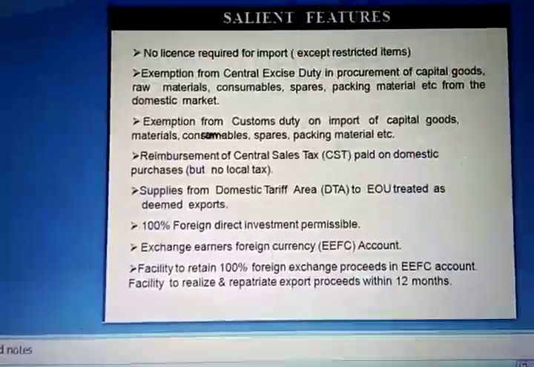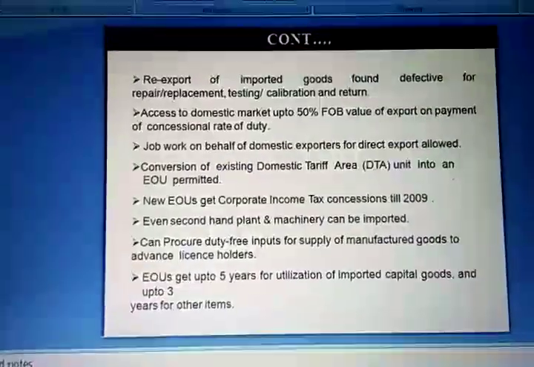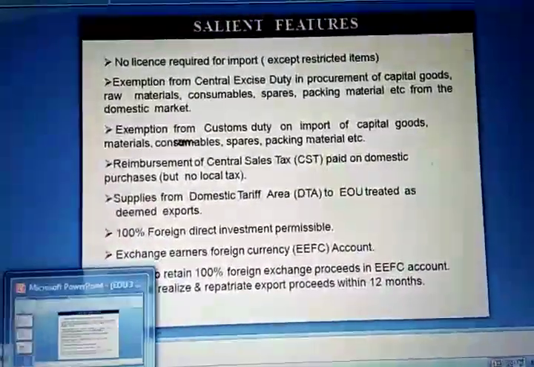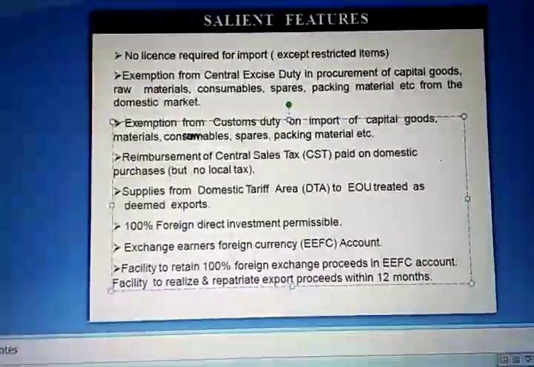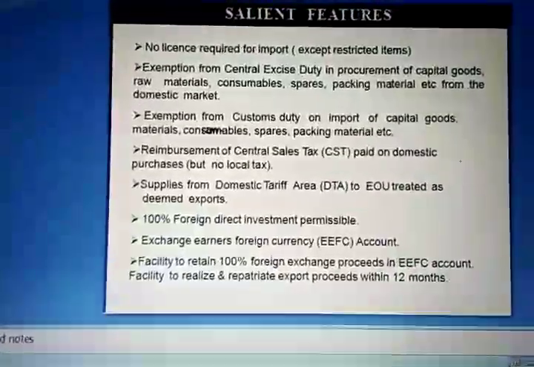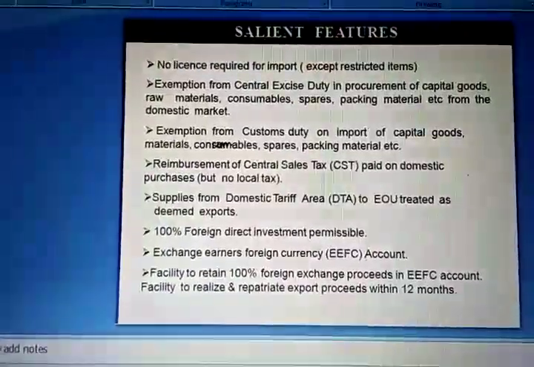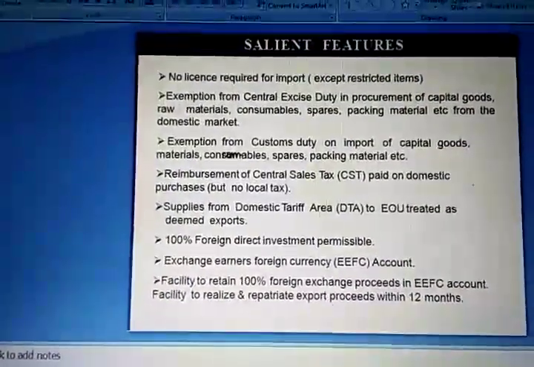Then a lot of features are available here. What are the salient features of EOU? A lot of salient features are available for EOU, but some of them are here.